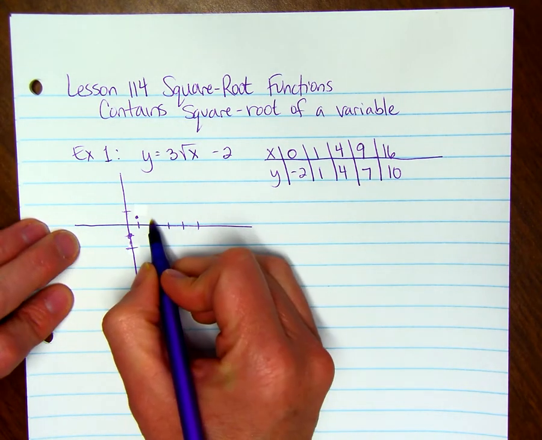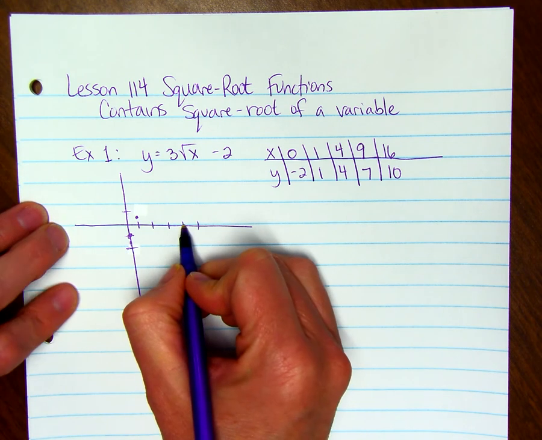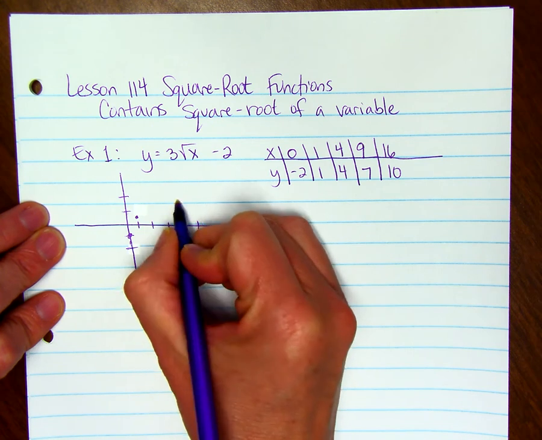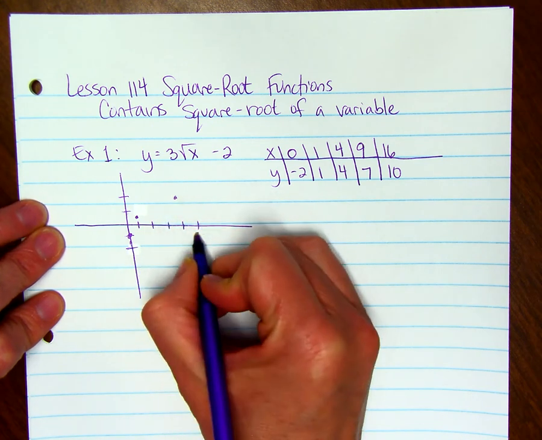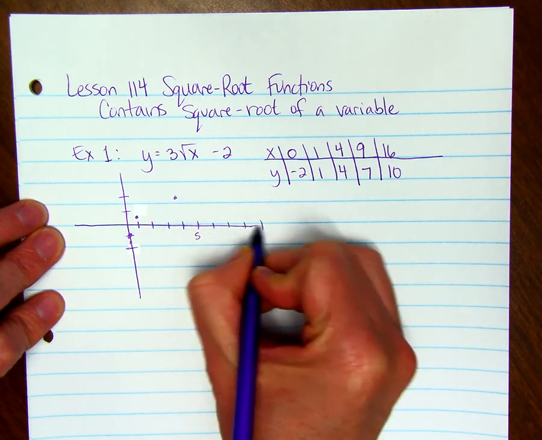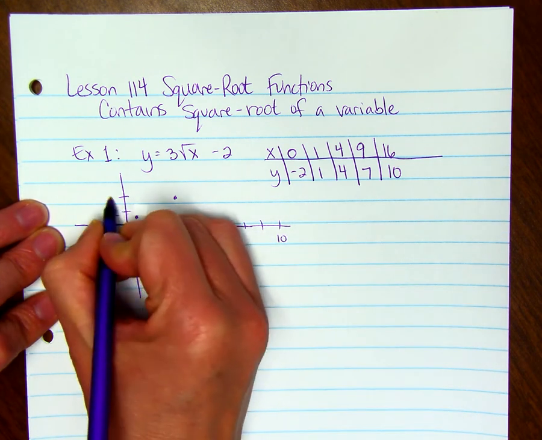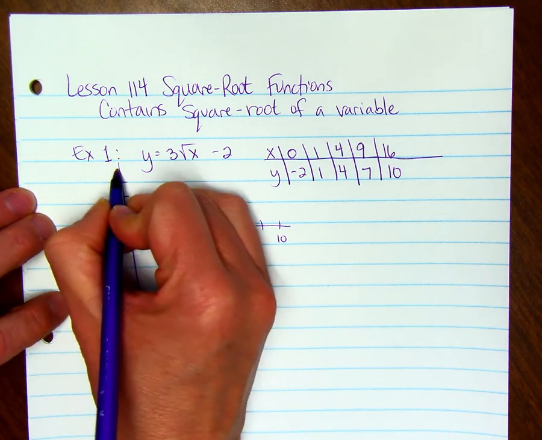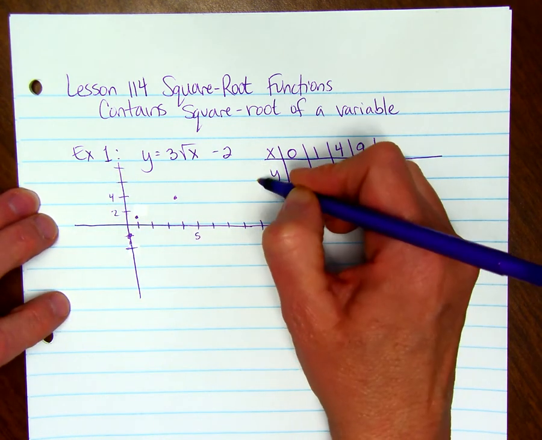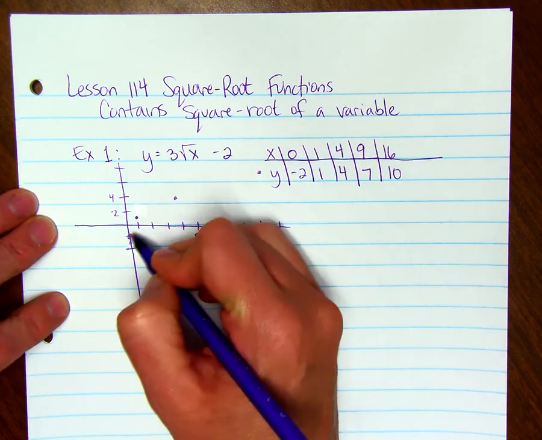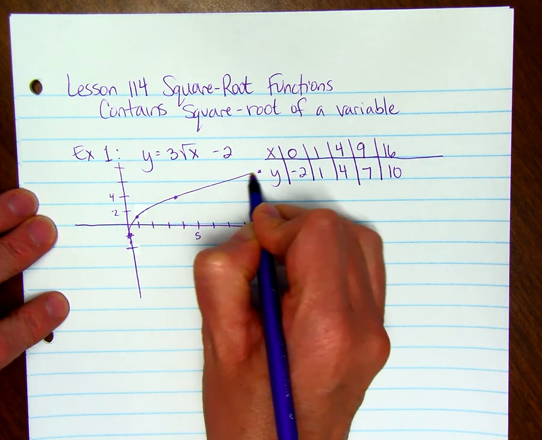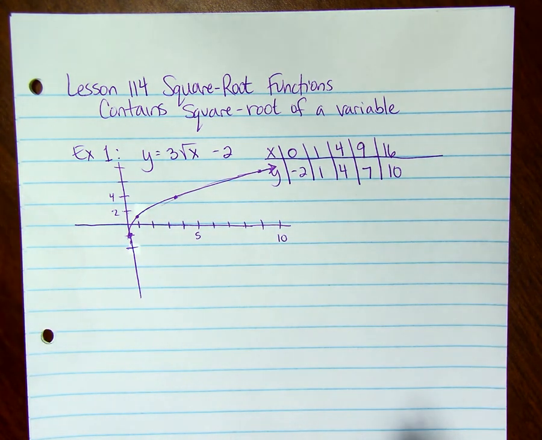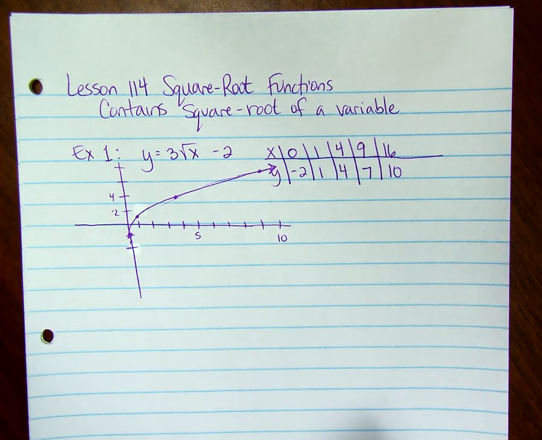Then 4 is going to be at 4. 1, 2, 3, 4, 4. 5, 6, 7, 8, 9, 10. So 9 is going to be at 7. And it's going to look somewhat like this. It's going to keep going up, but getting slower there. There we go. That is called a square root function.